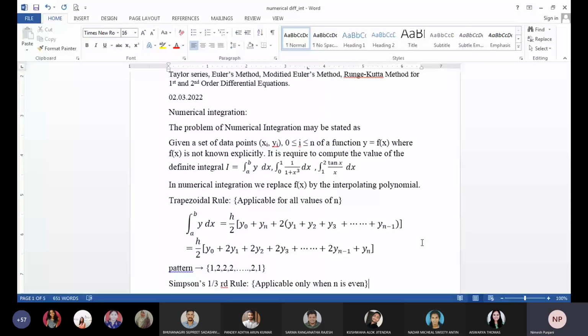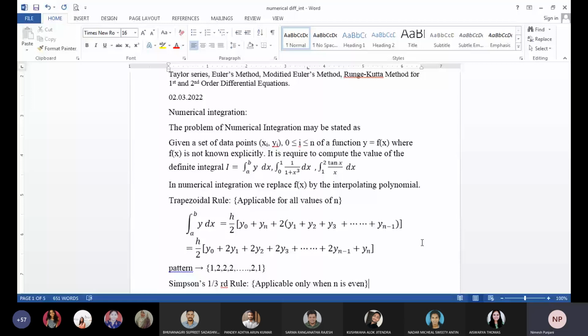What is h? Interval of difference. In simple words, h is nothing but x1 minus x0, which is the same as x2 minus x1. That is the difference between two successive values of x.